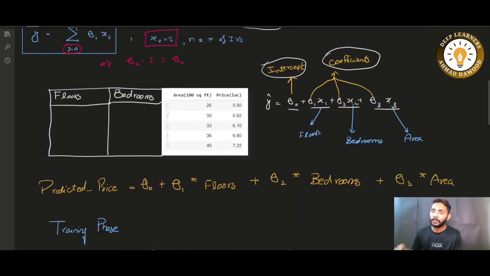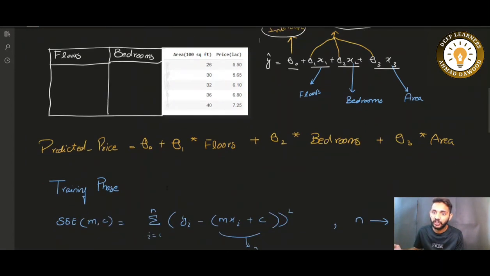Our predicted price will be theta 0 plus theta 1 into floors plus theta 2 into bedrooms plus theta 3 into area. Now you can see that during our training phase we have to find the values of theta 0, theta 1, theta 2, theta 3, these four parameters, and we want the values which have minimum SSE. We want these four parameter values where SSE is minimum.